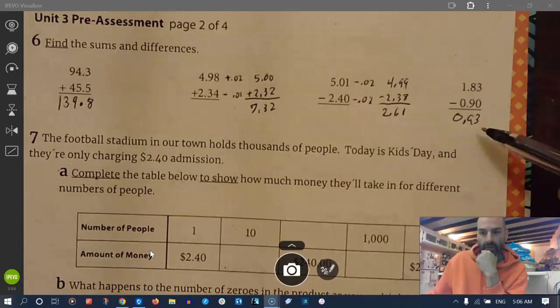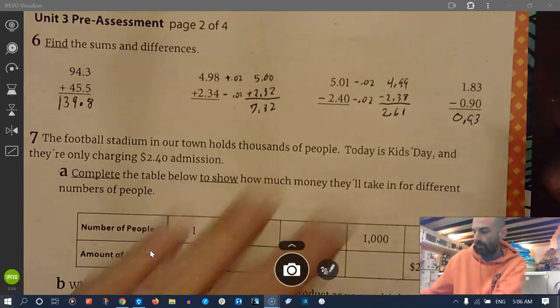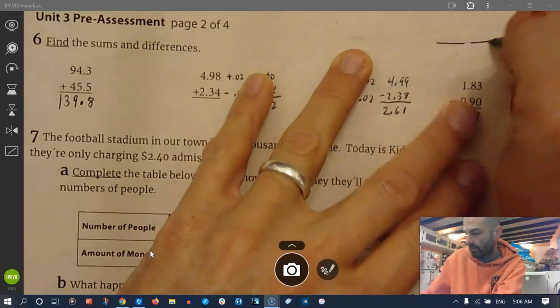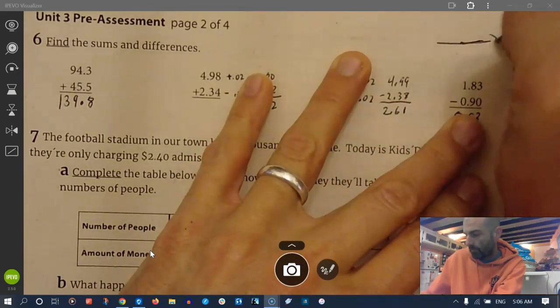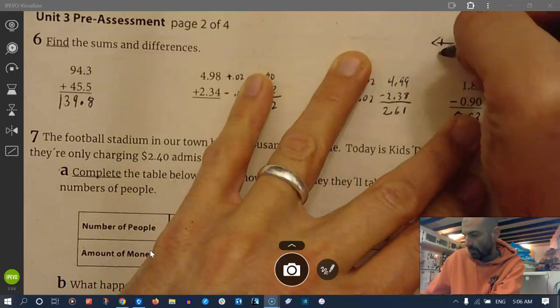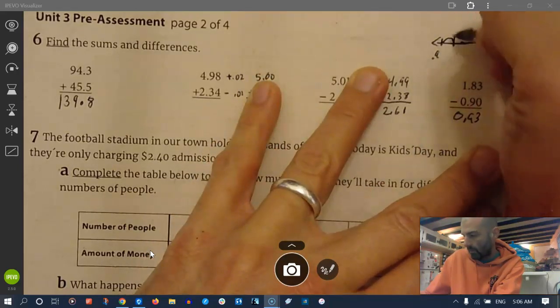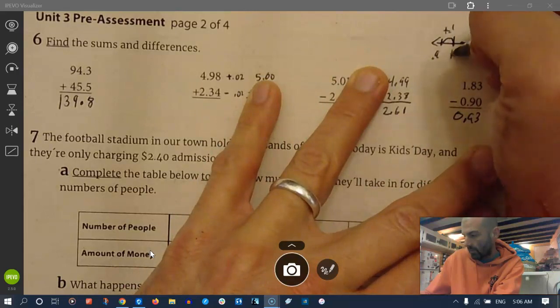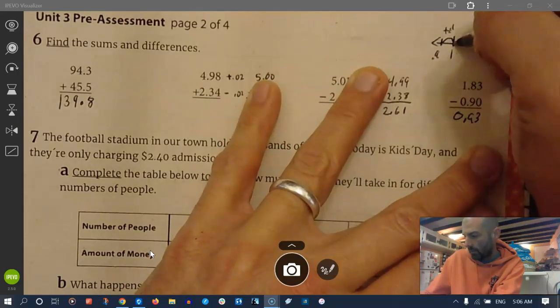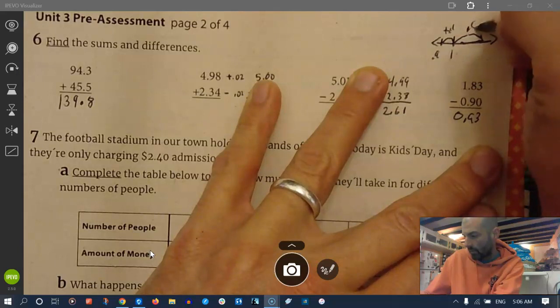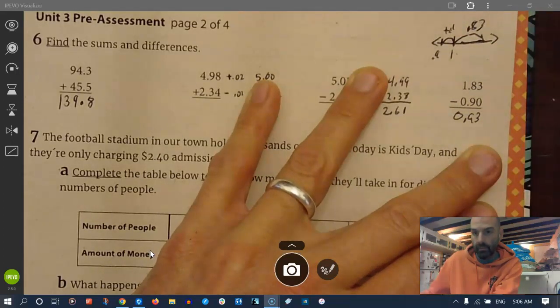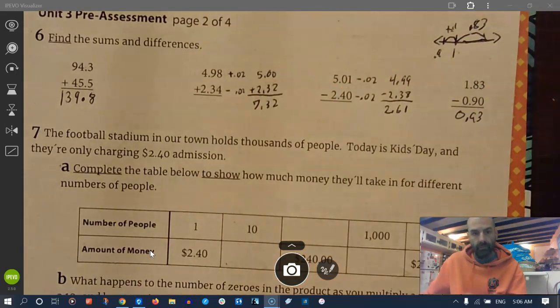So I don't have to do much calculation, I just counted up in my head.